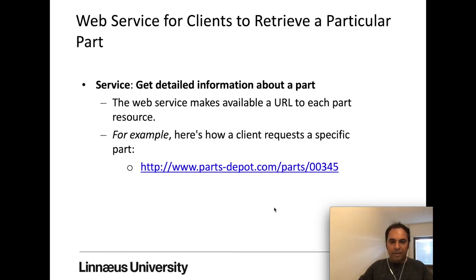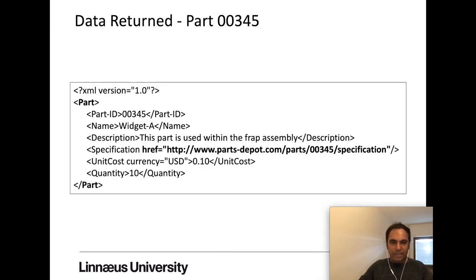And when the user sends another GET method using this URL, he will get more detail about part 00345, which has an ID, a name, some description, some specification, which also has a URL itself, what the price is and so on, and how many they have in their inventory.